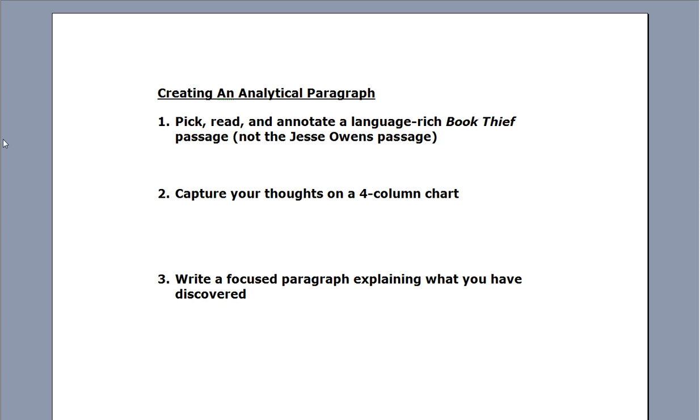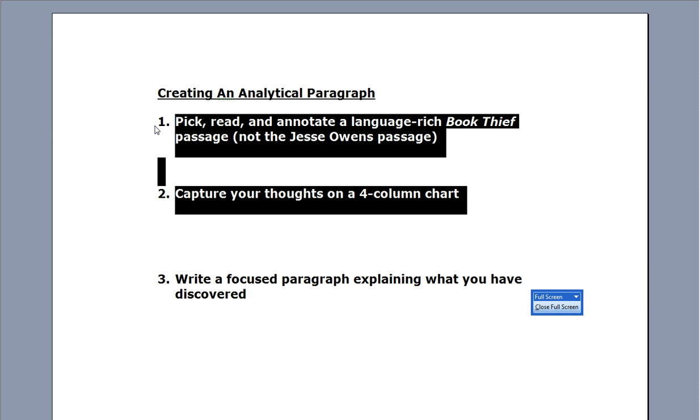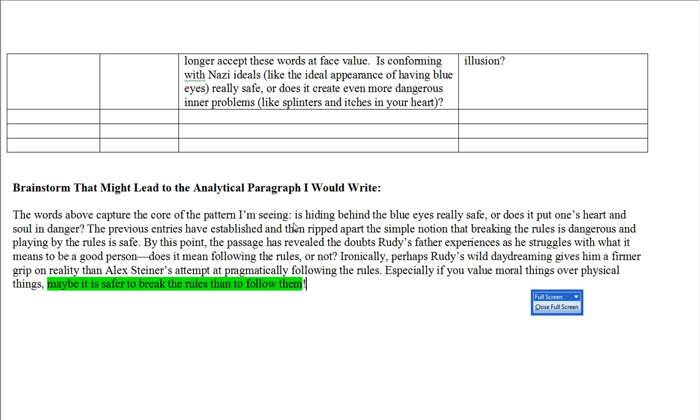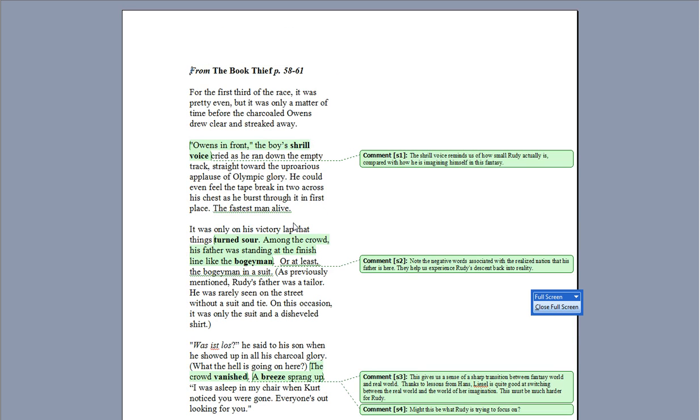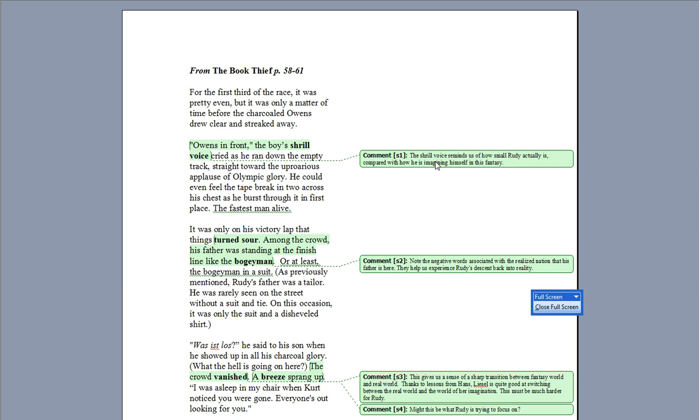Alright, as a quick review, I've already done two things. I've already annotated a passage, and I've already started to capture my thoughts on a 4-column chart. Remember, the last column is finding patterns. So here's what I've done already. This is, imagine, my book, and the stuff on the right, these are my annotations.